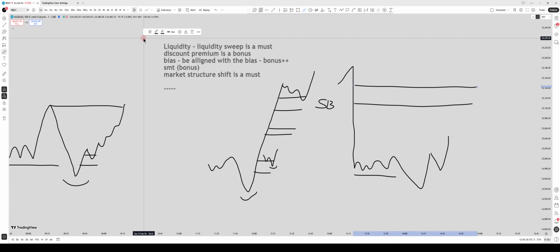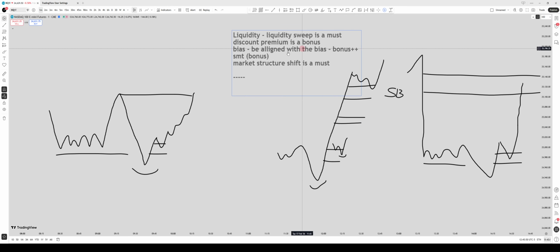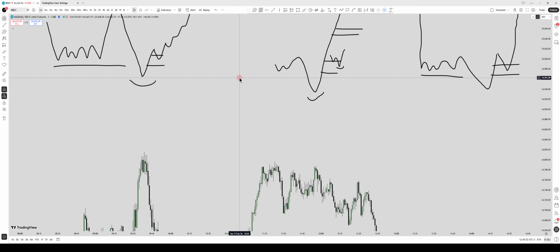Whatever ICT teaches when it comes to gaps and entering, if you can use it to enter, you can also use it to exit or to partial. Right here, let's say you had an entry. You're going long. Instead of waiting to go short off of this suspension block, you're going to use it as your target. So these are some different scenarios.